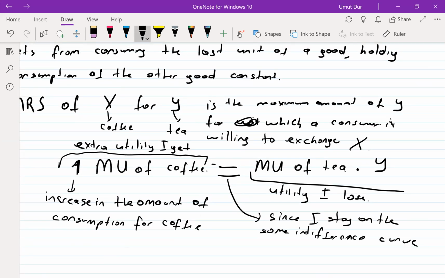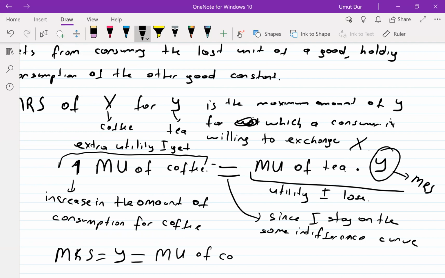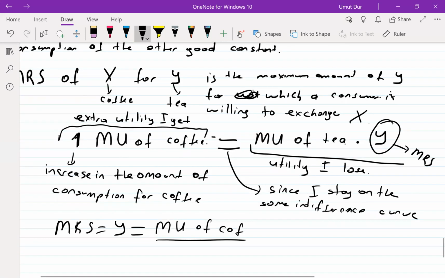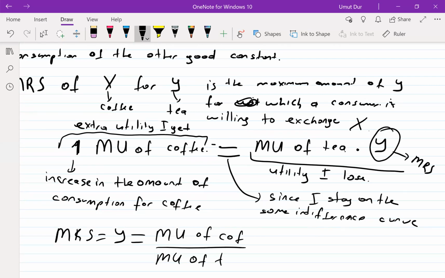Then, remember, we are calling this amount of Y the MRS. If I do the math here, MRS, which is Y, is equal to the marginal utility of coffee divided by the marginal utility of tea.